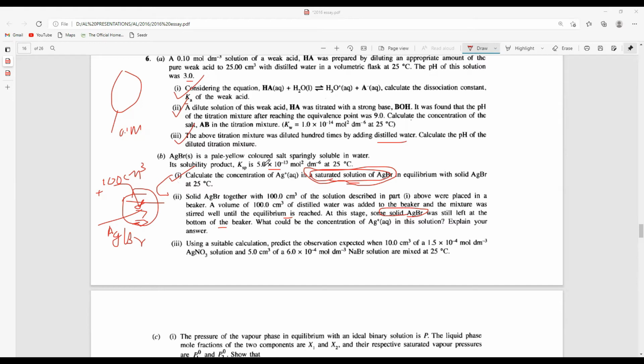So the idea is this. Here we calculated the solubility of AgBr by using Ksp because it is a saturated solution.